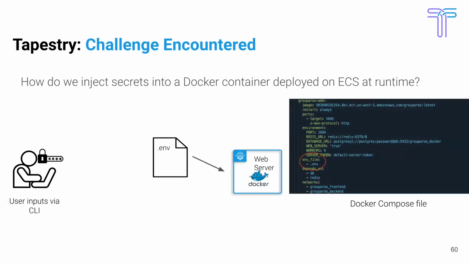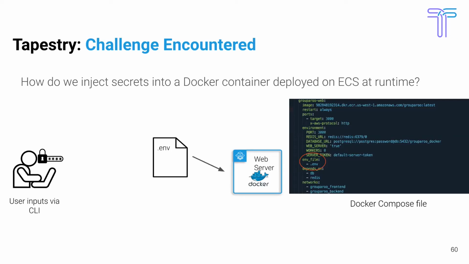We soon learned that you can pass environmental variables to a container by referencing a local .env file in a Docker Compose YAML file. And this solved part of the problem. The Docker container could now access any variables we provided in this file.